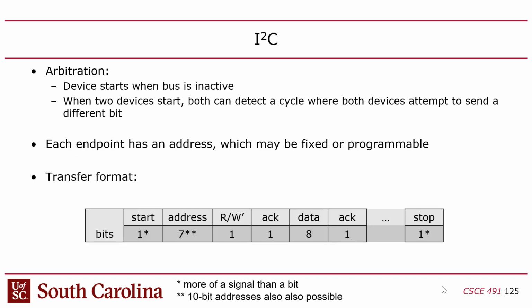Okay, so the other problem is that acknowledgement adds an extra bit to each phase. Remember with SPI transactions, it was 8 bits and 8 bits, right? 8 cycles, 8 cycles. Now it's 9 cycles, 9 cycles. Everything is going to be a multiple of 9 cycles always because you always have 8 followed by the acknowledgement. So the number of clock pulses will be a multiple of 9 as opposed to with SPI it was a multiple of 8.